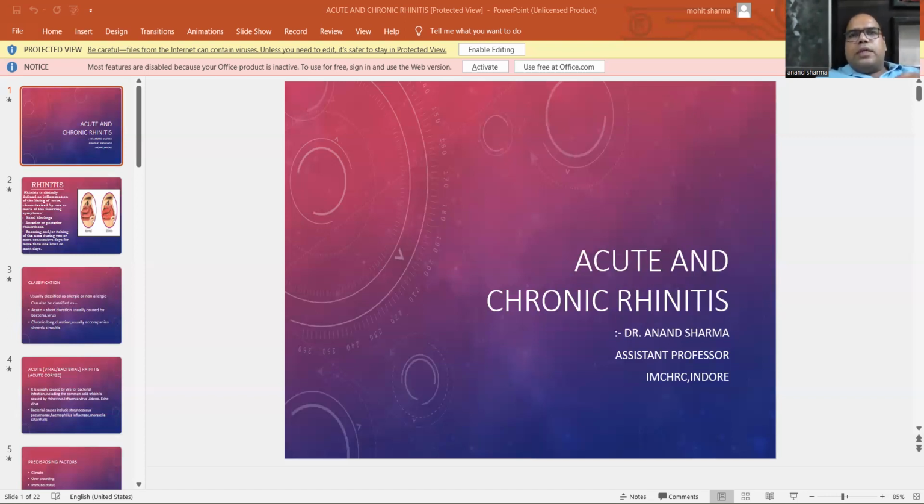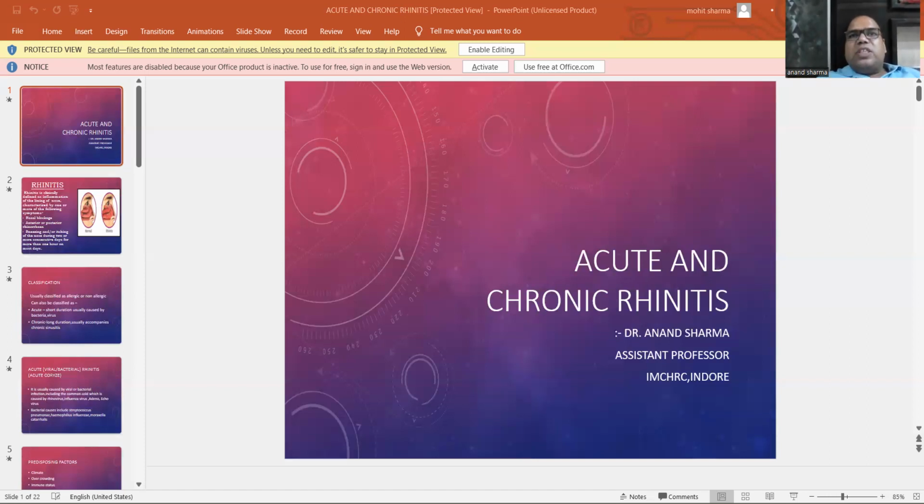So, as the disease progresses, the signs and symptoms also get altered. So, in acute bacterial and viral rhinitis, we have common cold-like symptoms, more of rhinorrhea, more inflammation of the mucosa. But as the rhinitis progresses towards the chronic side, the symptoms also change according to the duration.